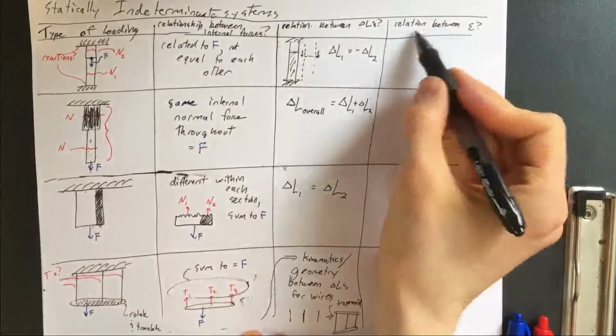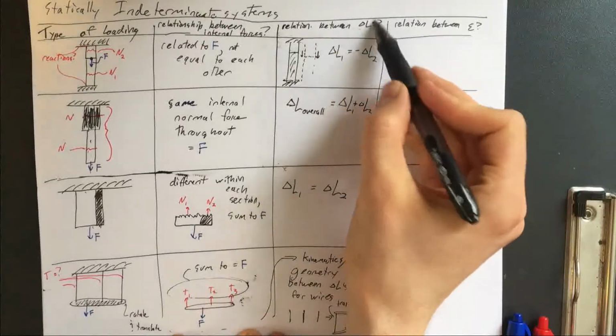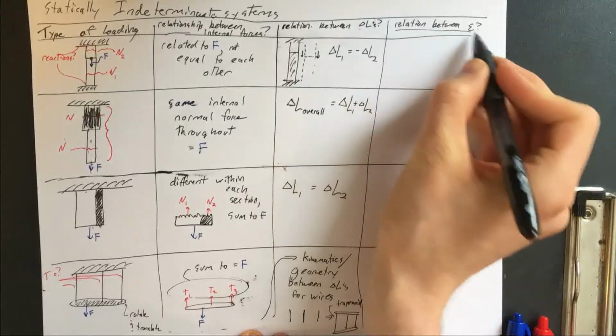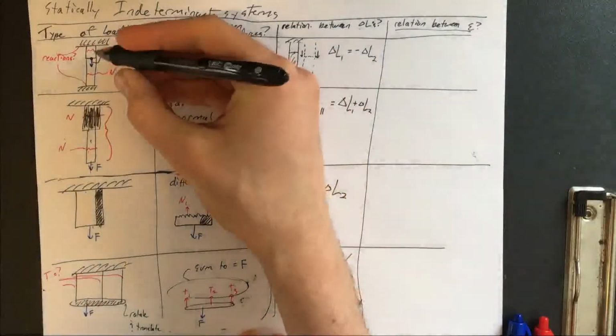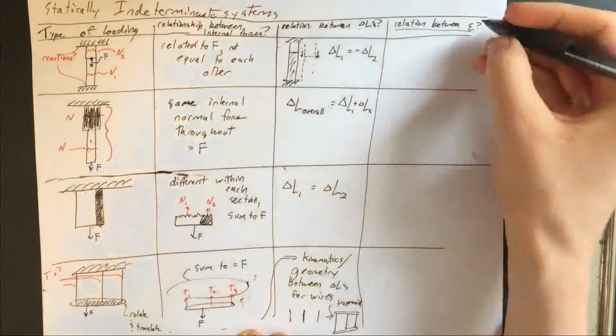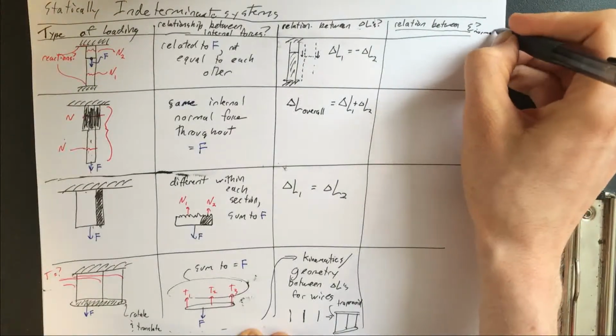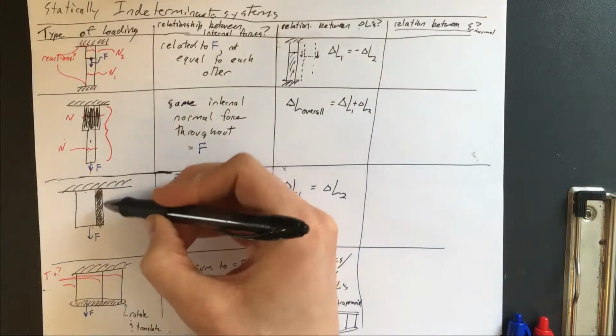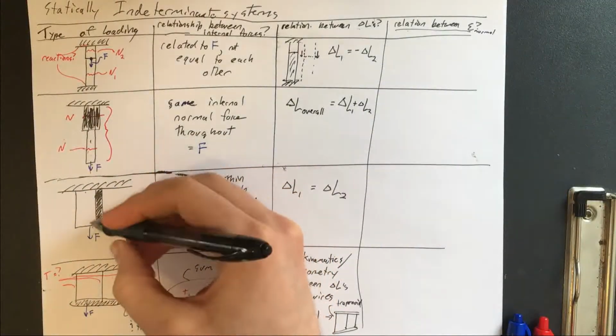All right, so now let's ask ourselves, if there's some relationship between the changes in lengths, does that also mean there's some relationship between the normal strain experienced by each of these segments? So for this one, heck yeah, they've got to have the same normal strain, right?